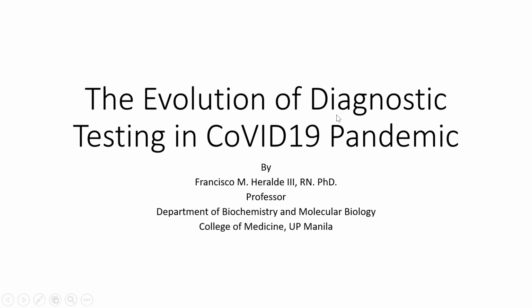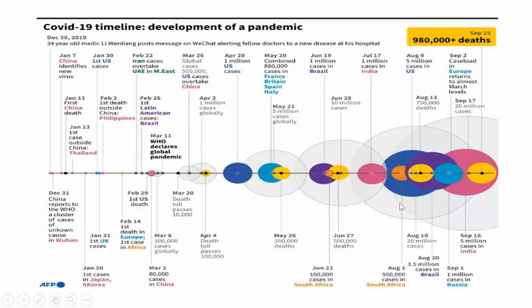So, as we know, we are now in a pandemic, and we've been in it for the last 2 years. This all started on December 30, 2019. It began with a report in Wuhan about a case of flu and severe pneumonia, followed by mortalities.